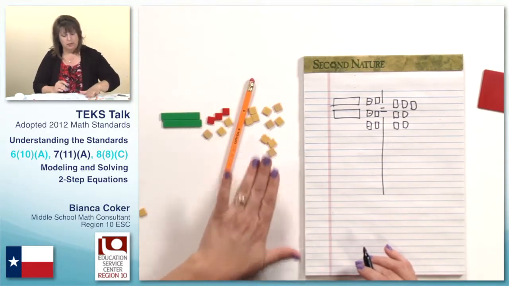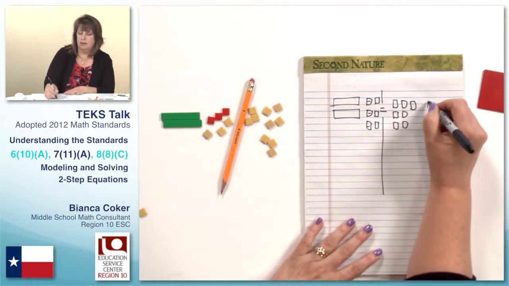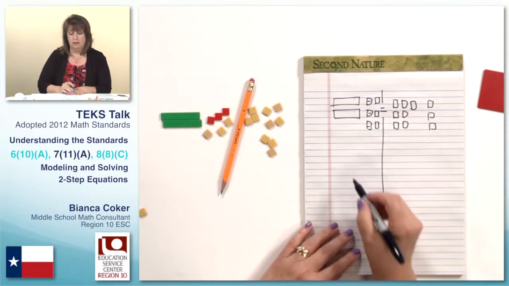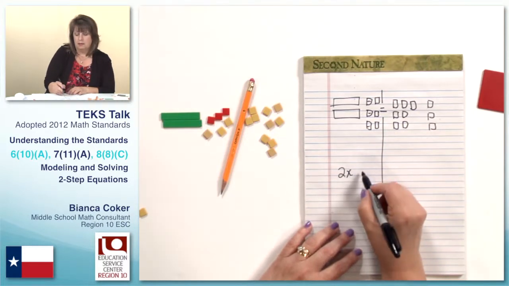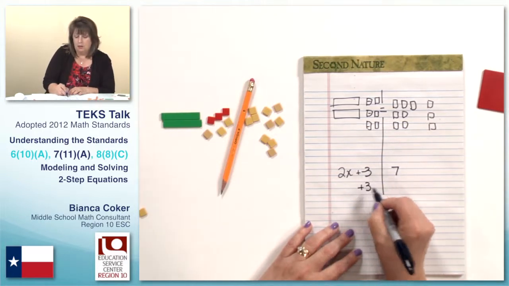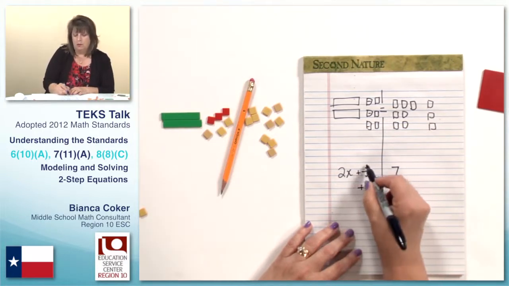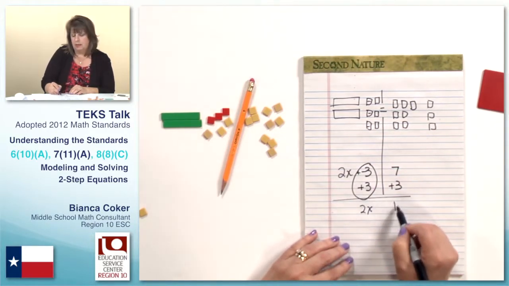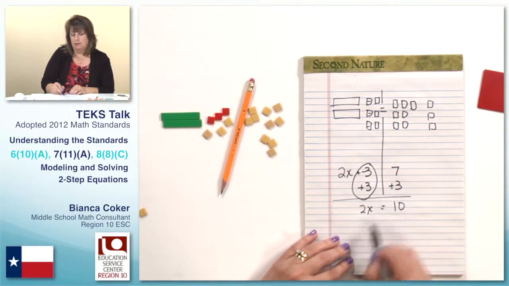So if I add 3 ones there, then all I have to do to balance it out is add 3 ones over here. Right? So I had 2x plus negative 3 equals 7. I added 3 ones, I added 3 ones, I added the opposite to get my zero pair, and now I end up with 2x equals 10.